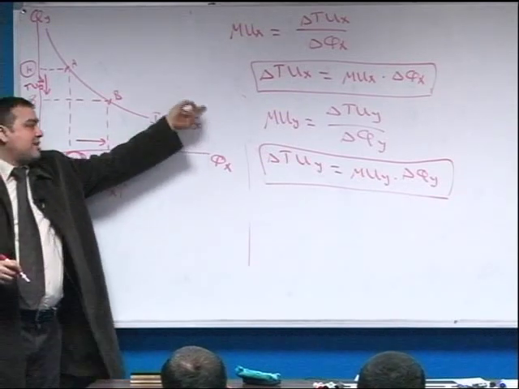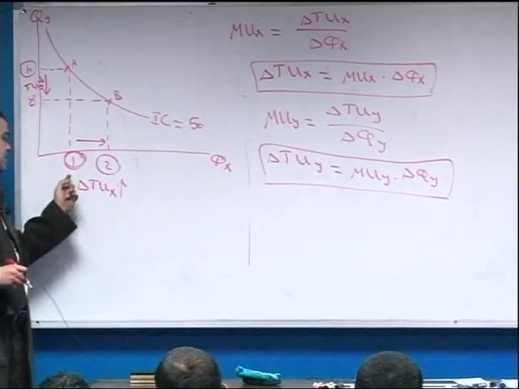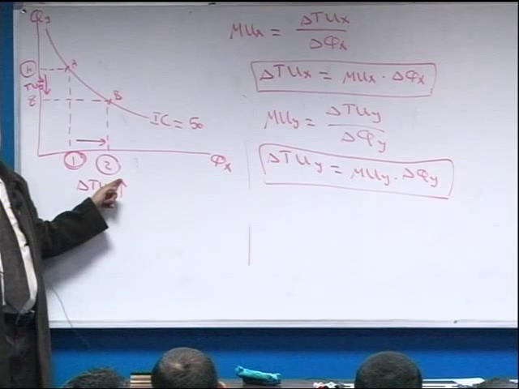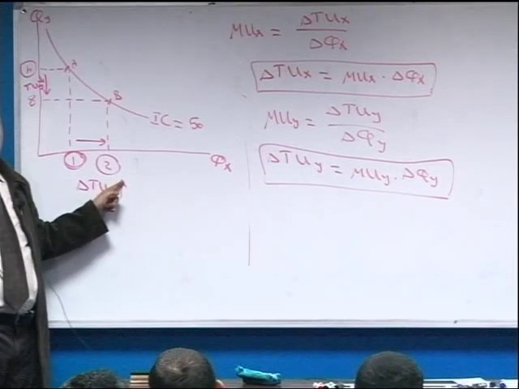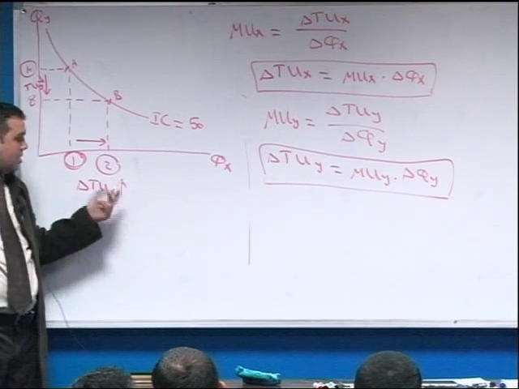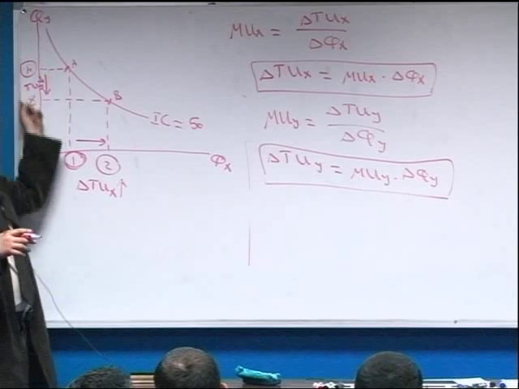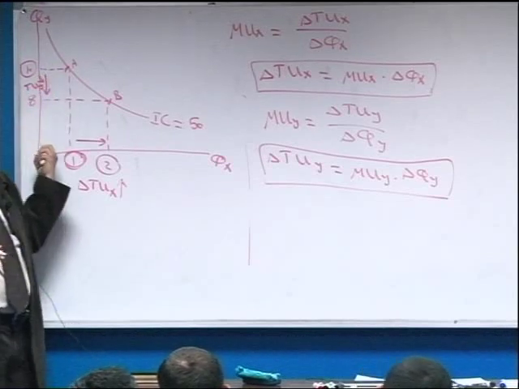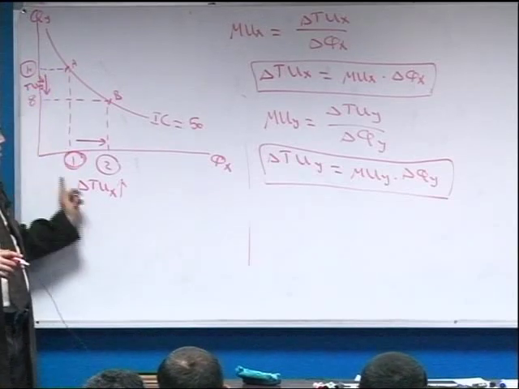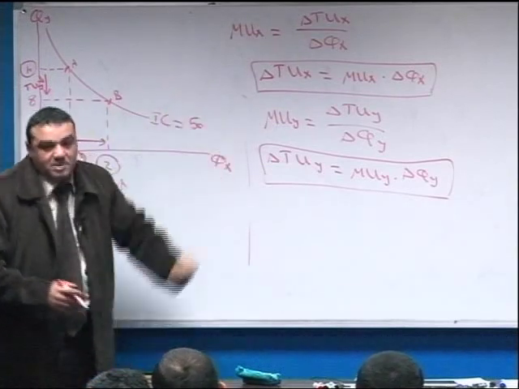Suppose that the total utility is 50 and he increased his consumption of X, gaining an additional 10 units of utility. For Y, the decrease in total utility of Y must equal the increase in total utility of X to keep the same total utility.